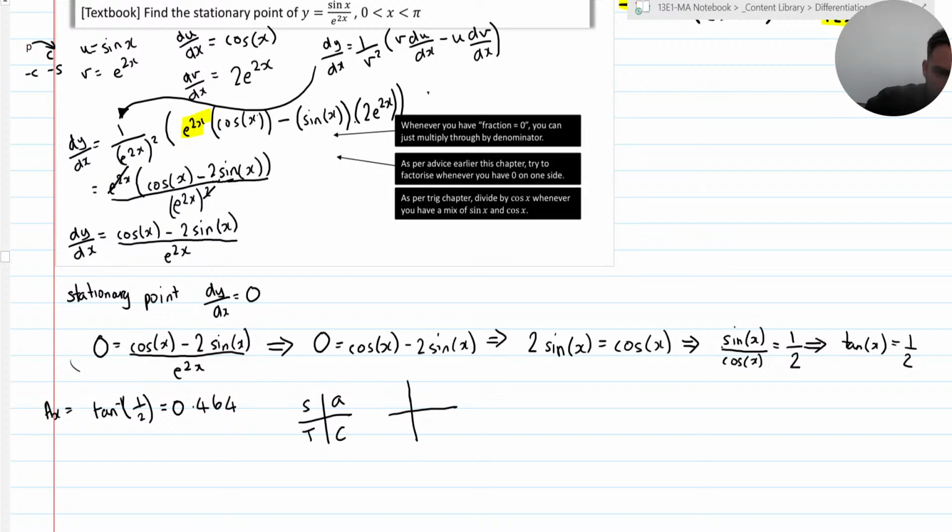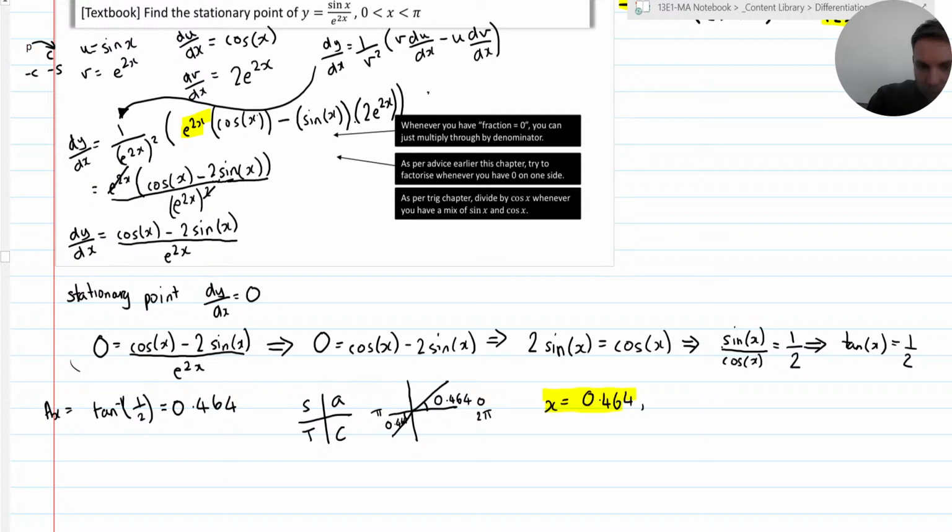Because we're in tan, we know we're going to be in this section here, and we're also going to be in this section here. So this is going to be equal to 0.464. This part here is also going to be equal to 0.464. Well, this is 0 and 2 pi all the way around, and this one here is pi.